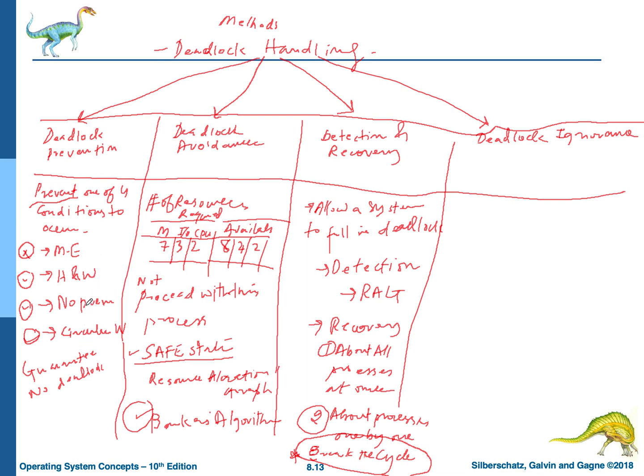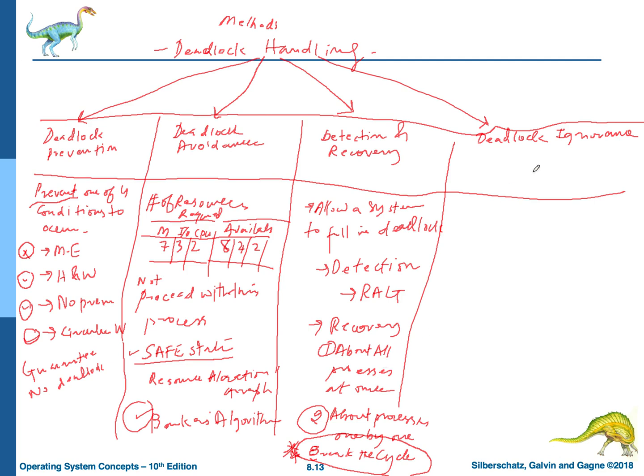We try to avoid one of these conditions, while here we only try to break the circle, right? So one technique is to abort all the running processes, the other is to abort the processes one by one, so that where the circular wait is broken, it's fine, then there is no deadlock, the deadlock can be removed.